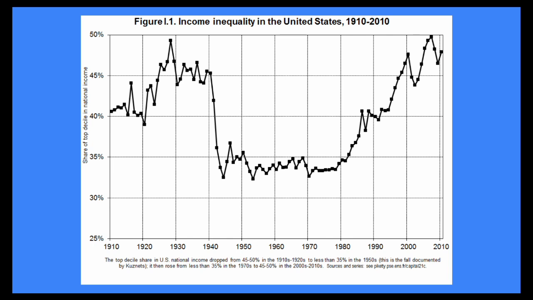By the late 1920s, that goes up to almost half. And so as that reads, yes, 10% of the entire population earned half the income in the population.